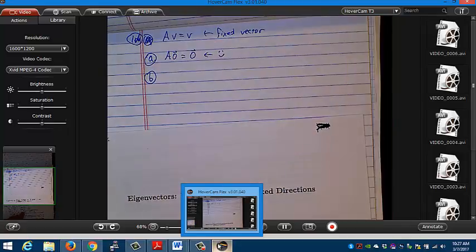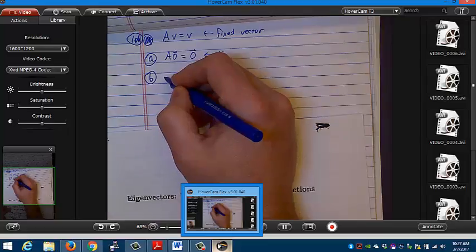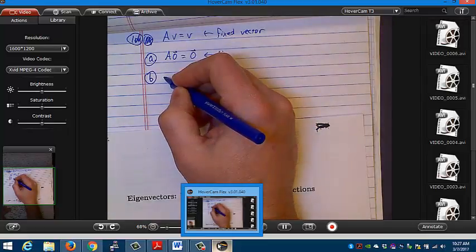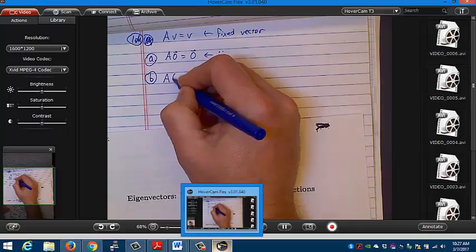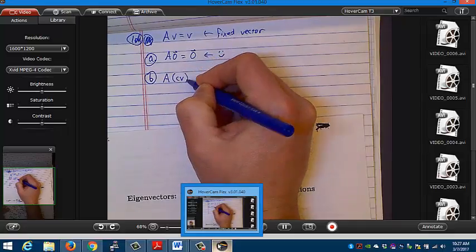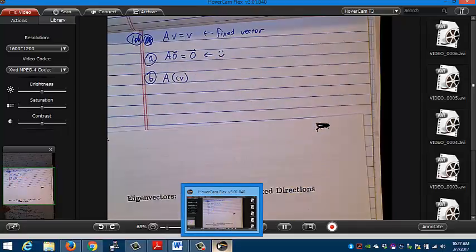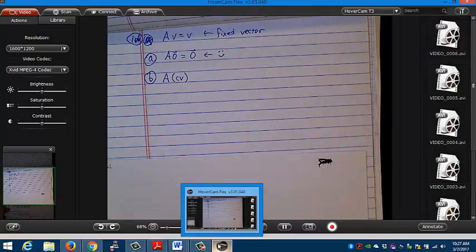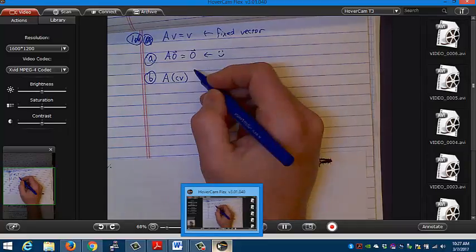Part B. Suppose that A fixes a vector V and that C is a scalar. Does A fix CV? What do you guys think about part B? I have to show that A times CV is the same as what? C times AV.